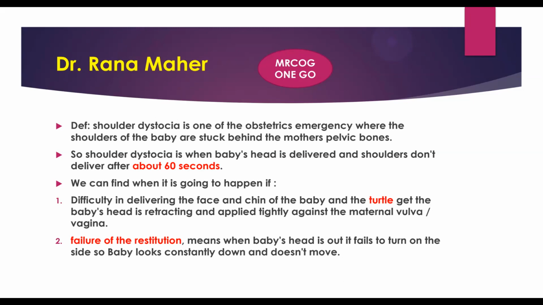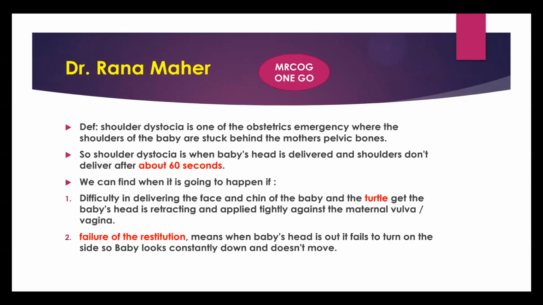Another thing to diagnose, not only the delay, we can diagnose with the turtle sign. Very important sign. Another sign, failure of restitution. If you remember the mechanism of normal labor, the last step is external rotation and restitution.